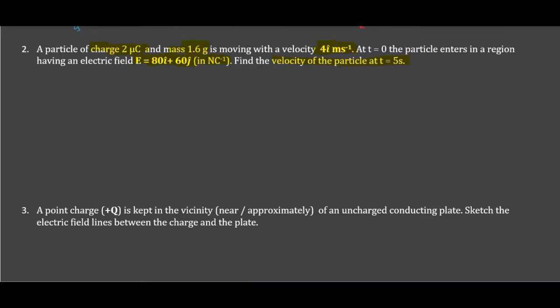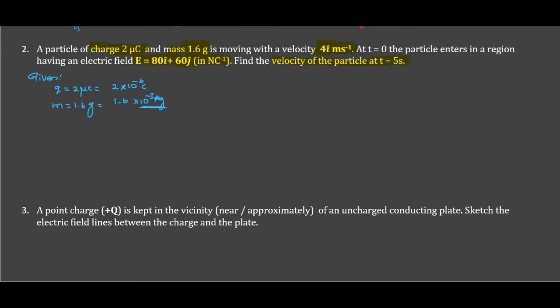Now we studied final velocity and initial velocity in your first chapter, and also in lower classes. First we'll sort out the given information. The charge is 2 microcoulomb, which is 2 into 10 power minus 6 coulomb, and the mass is 1.6 gram. We have to convert it into kilogram using the conversion gram to kilogram, 10 power minus 3.